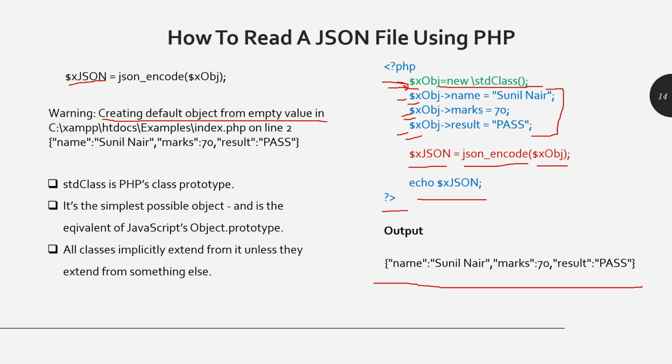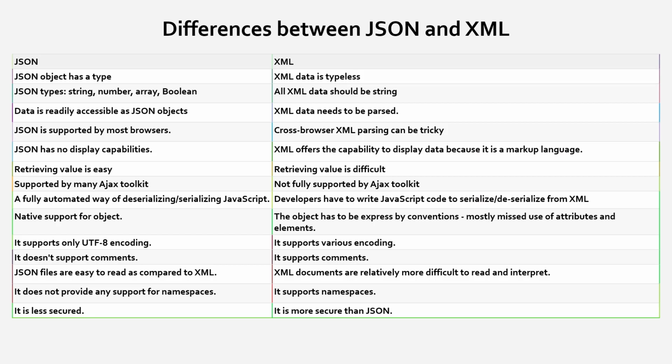Okay, clear, right? Now we are going to discuss the differences between XML and JSON. In the case of JSON, an object has a type, whereas in the case of XML, data is typeless. In JavaScript object notation, we have string, numbers, array, boolean and all. Whereas in XML, data should be string.